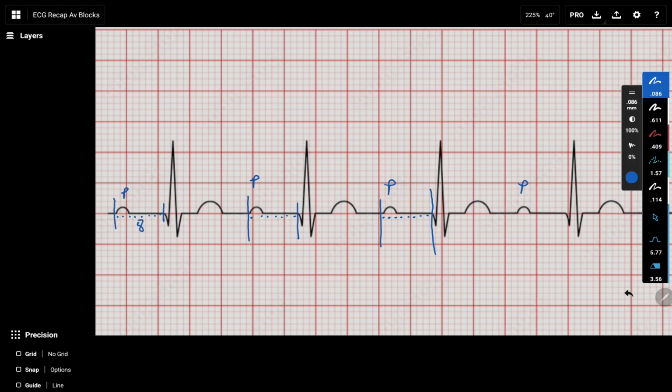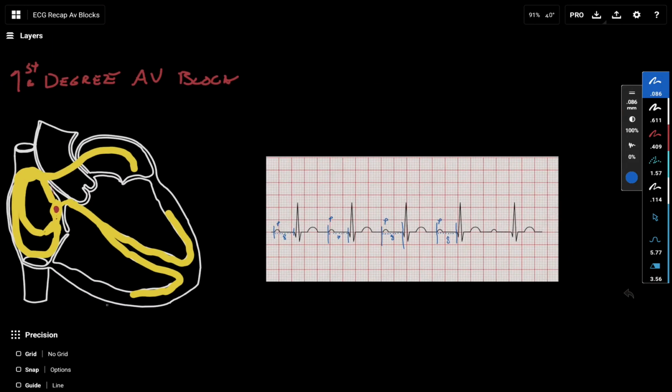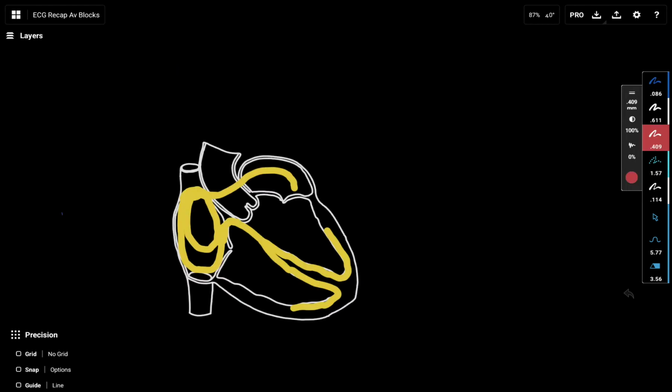So we said 8 here, 8 here. There's another one right there: 1, 2, 3, 4, 5, 6, 7, and an 8th one there. So here we go. We've got a relatively regular distance between the beginning of the P wave and my QRS complex. When this happens, that is your first degree AV block.